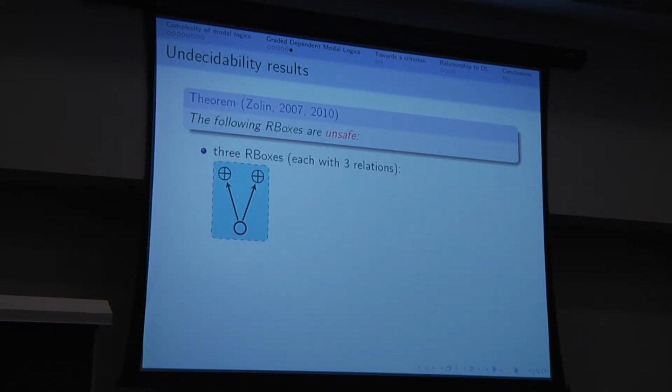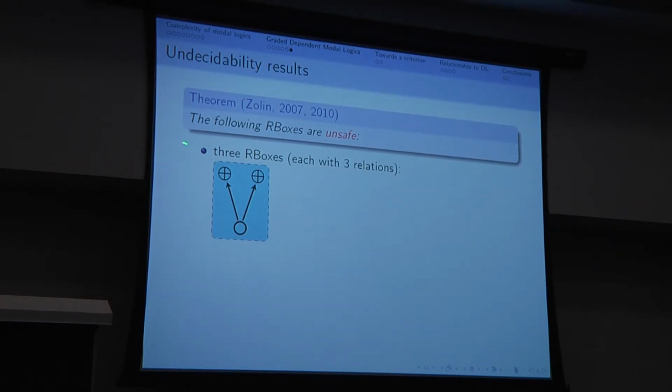Now the bad news. Which RBoxes are not safe, for which the problem is not decidable? So here's the first RBox which is not safe. We have a modal logic with three modalities, say 1, 2, and 3. 2 of them are transitive, the third one is not, and we have 2 inclusions.